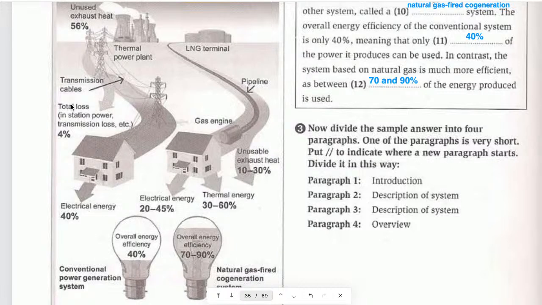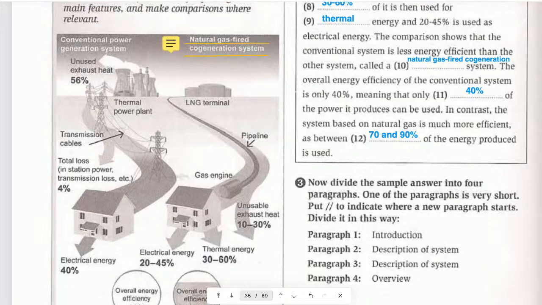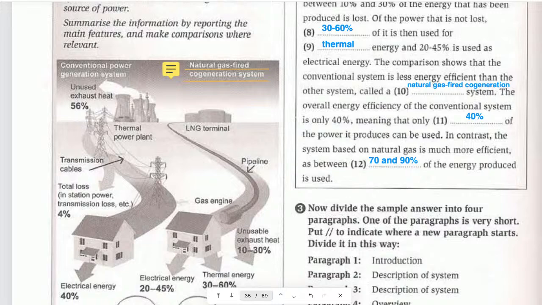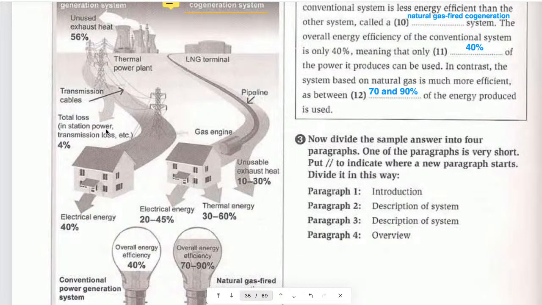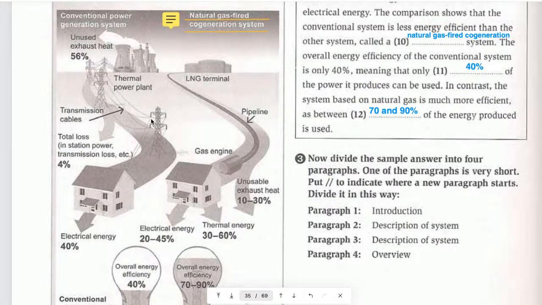And then they say total loss in station power, transmission loss, etc. So that is 4%. So at the first stage, they lose 56%. And now at this stage, another 4% is lost. Okay?